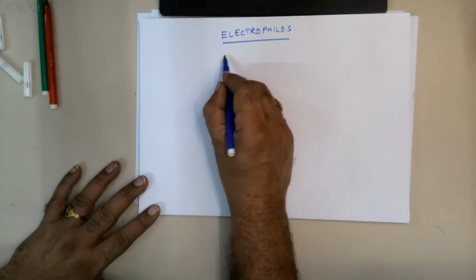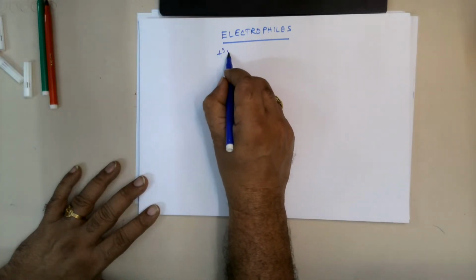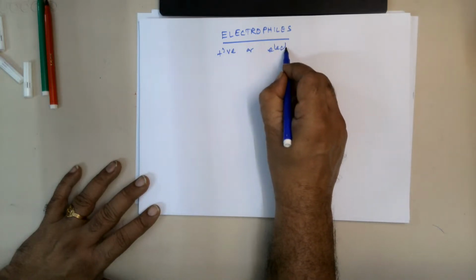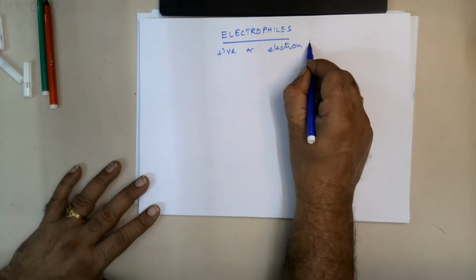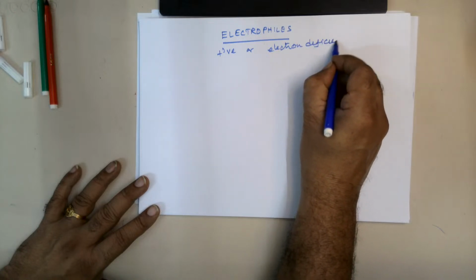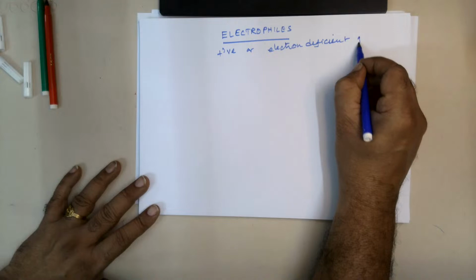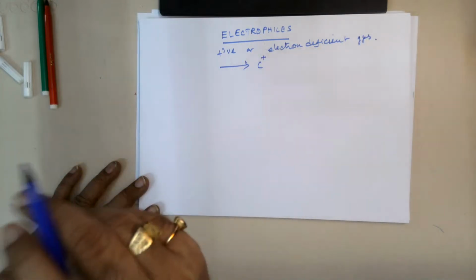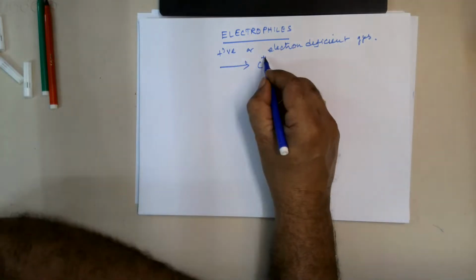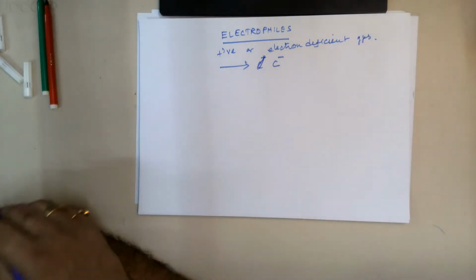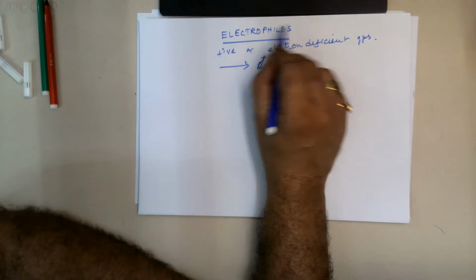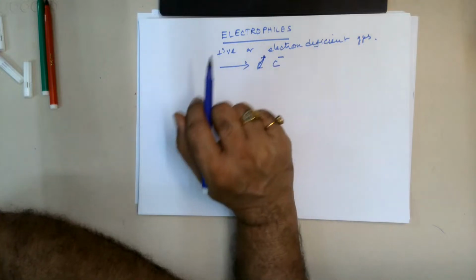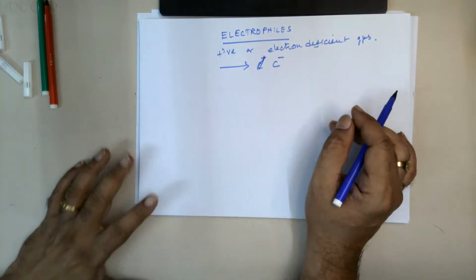So they are positive, or electron deficient groups, approaching carbanion, C minus. Phile means to attract electron. So they go towards the electron rich center. So it's carbanion. Okay, please correct this, carbanion.